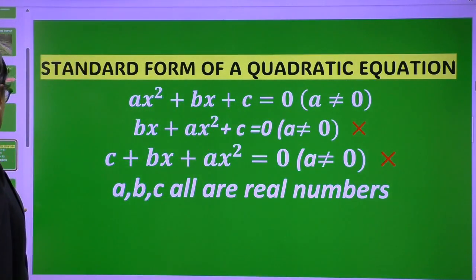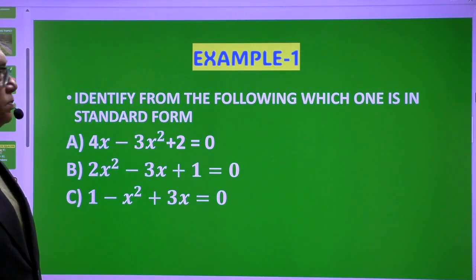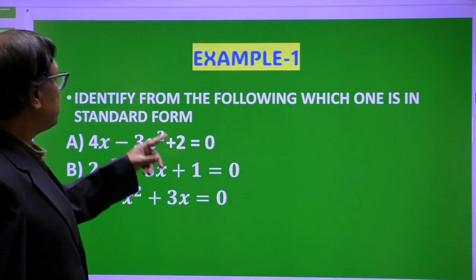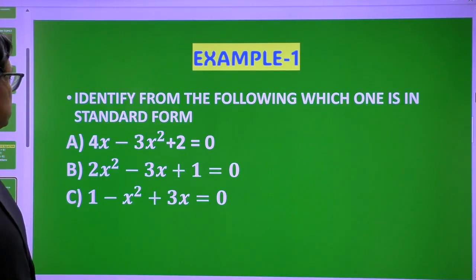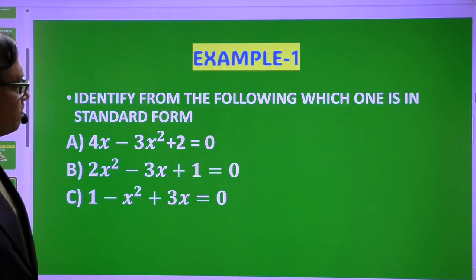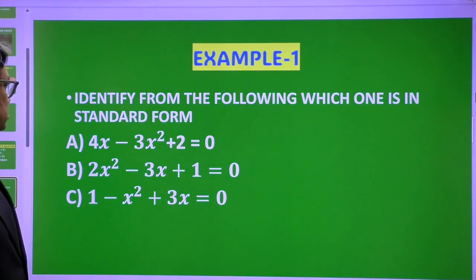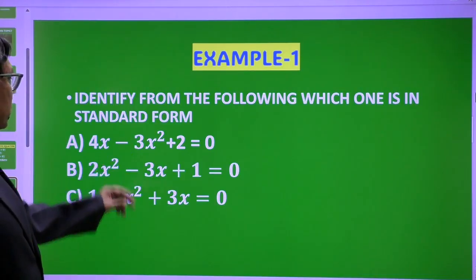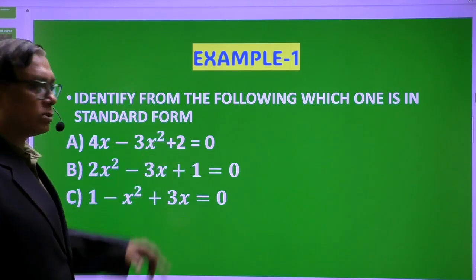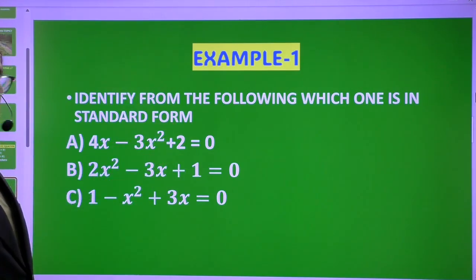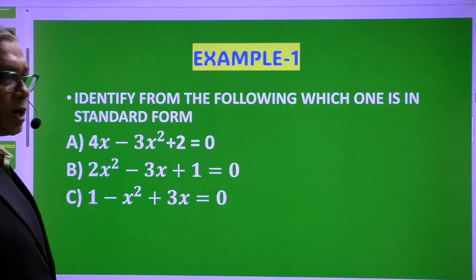Now, come to one example. Identify from the following which one is in standard form. Think. The first one: power 1, power 2, power 0. Not in standard form, because it is not in descending order.